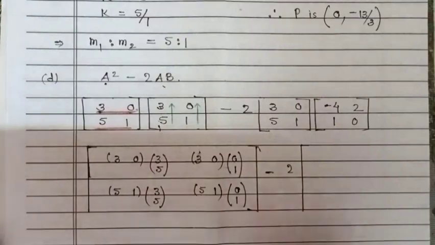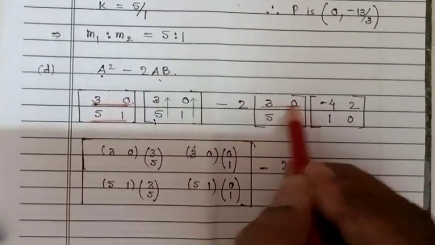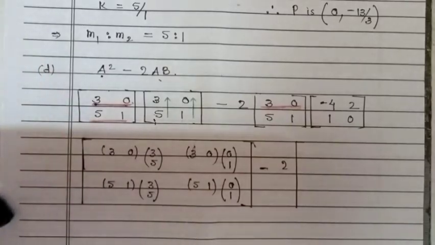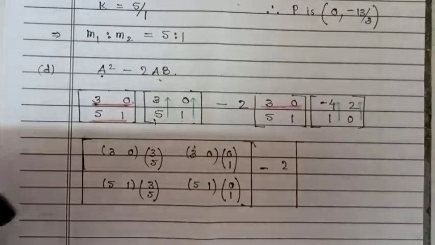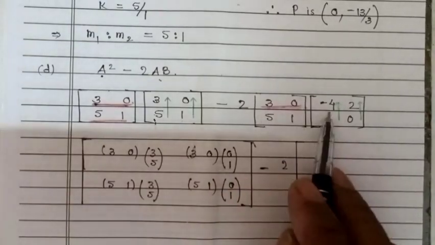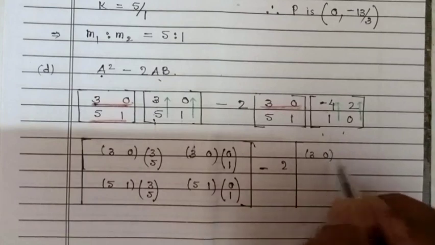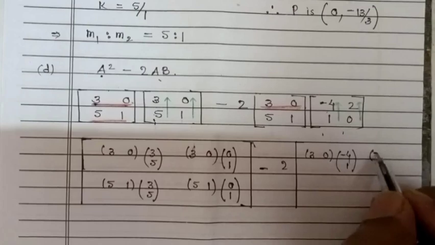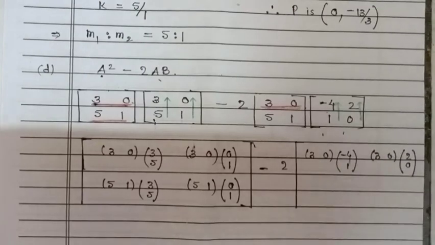Now see how you will do A into B. This is your first row, and for this first row you have 2 columns, 1, 2. So you will multiply this first row by these 2 columns one by one. See, like this. First row multiplied by minus 4, 1. Then first row multiplied by 2, 0.